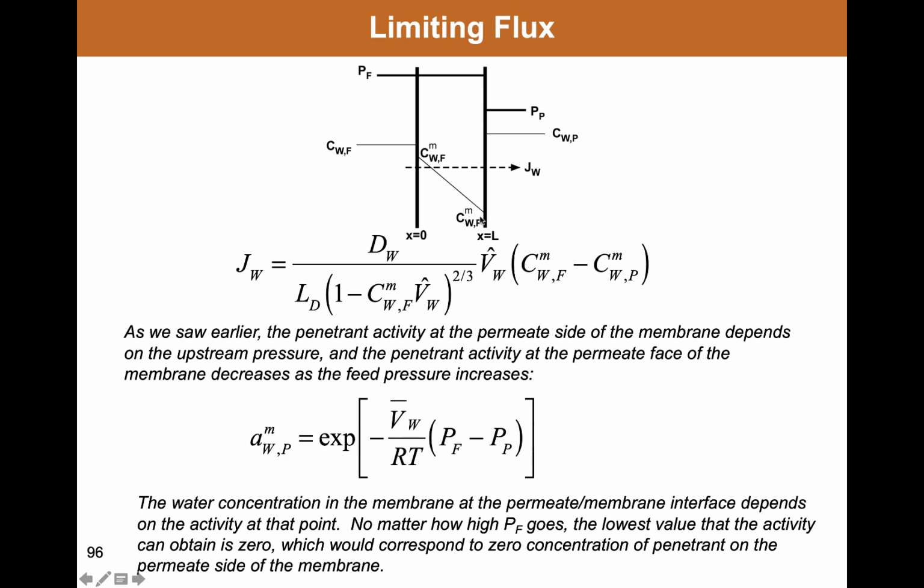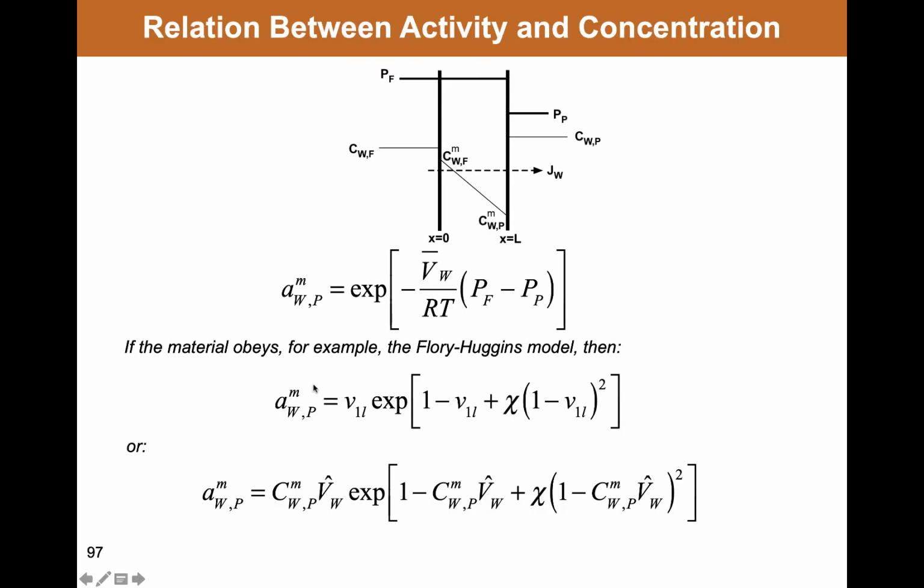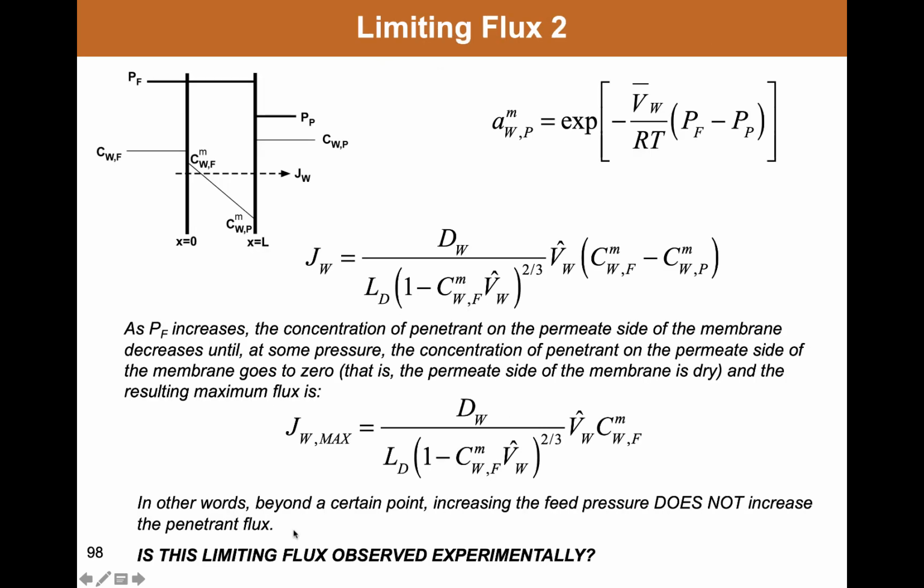So do we see this in practice? Well, we can connect these concentrations. This is just pointing out the connection between concentrations of penetrant inside the membrane with, for example, the Flory-Huggins model, and it shows again that as activity goes to zero, as pressure goes to infinity, then that would imply, if you work through the math, that the concentration of penetrant at the downstream side of the membrane has to approach zero.